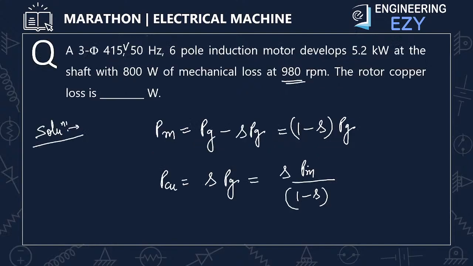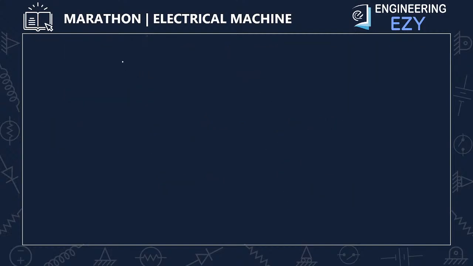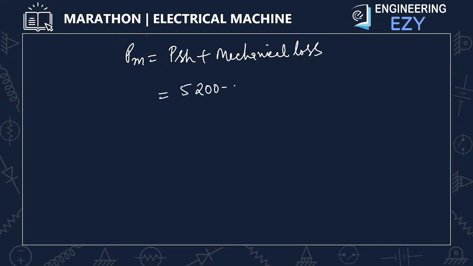Now you can calculate PM. Shaft power plus mechanical loss is equal to PM, so PM is 5200 plus 800, which is 6000. So the mechanical power developed is 6000.